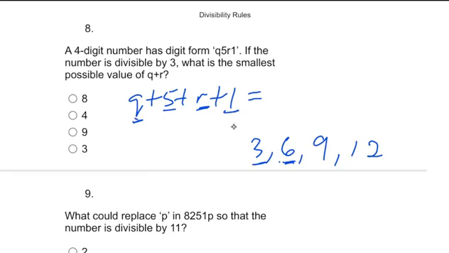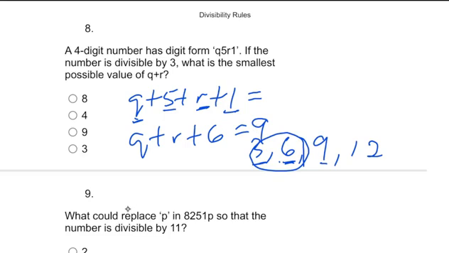So Q plus R plus 6 must be equal to 9, the next number. So Q plus R equals 9 minus 6, that's going to be 3. So the answer is 3.